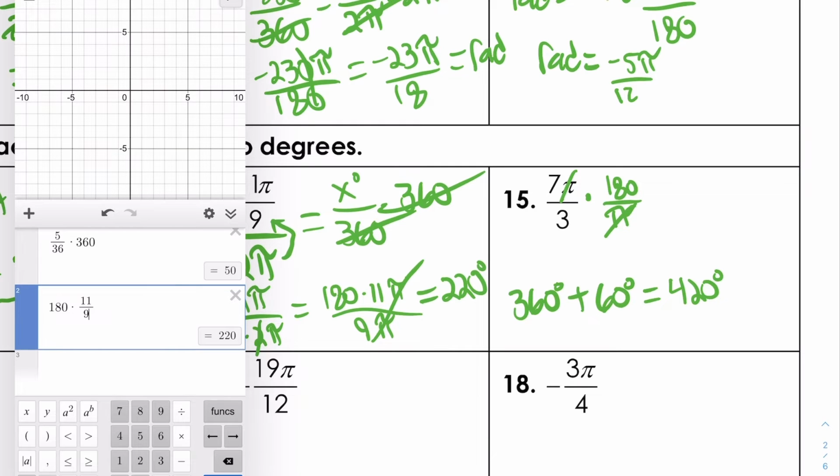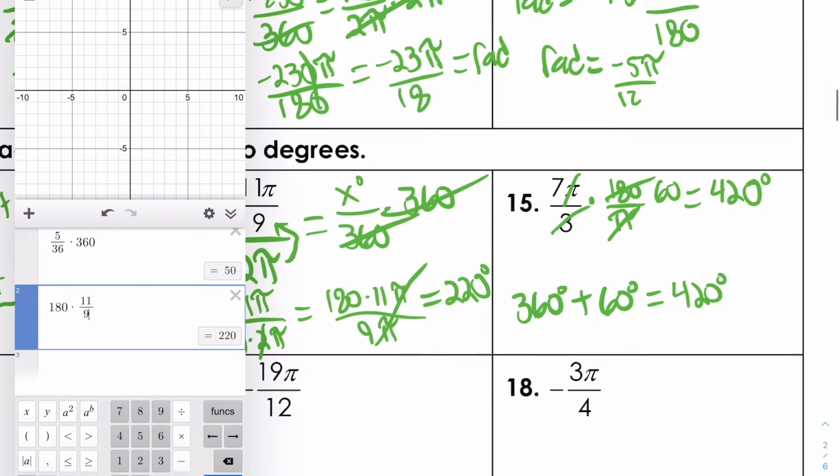The pi's will cancel. 180 and 3, they can turn into a 60 on the top. And then 7 times 6 is 42. And then keep that 0 at the end, makes 420.